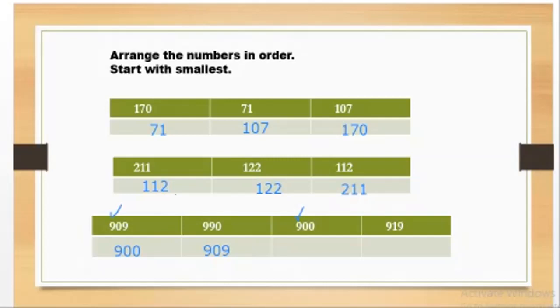That is 90, and this is 19. So which is the smaller number? This one. So you are going to mention this number over here, 919. Yes, and the number left over, you are going to place at the end. Yes, that's the way.